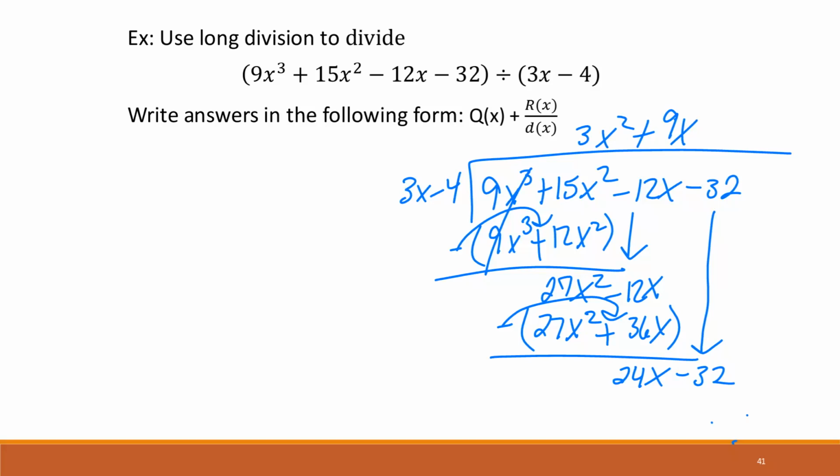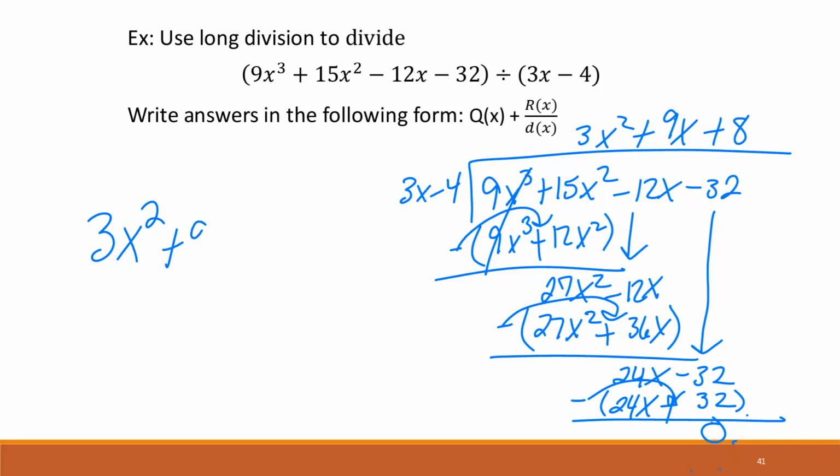So then we're trying to make 24x out of 3x. So we're multiplying by a positive 8. So 8 times 3 gives me 24x here. 8 times negative 4 gives me a negative 32. So that goes in and makes that positive. So we get 0 here. So this time our solution is 3x squared plus 9x plus 8.